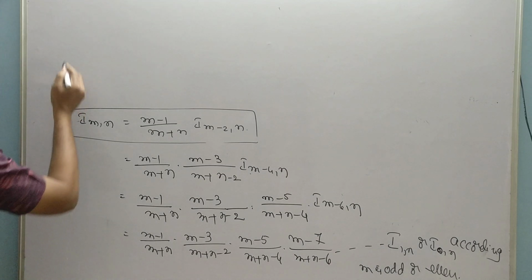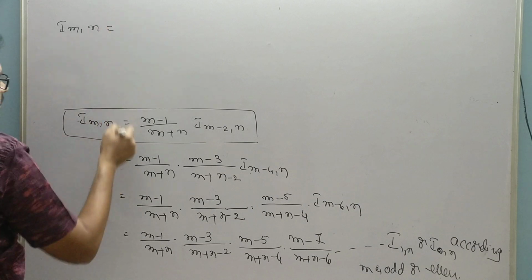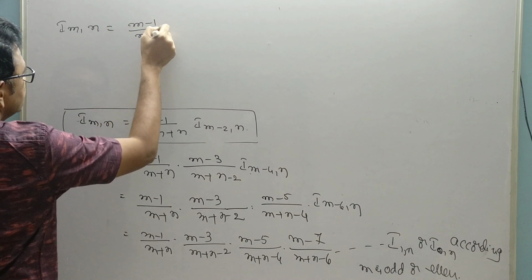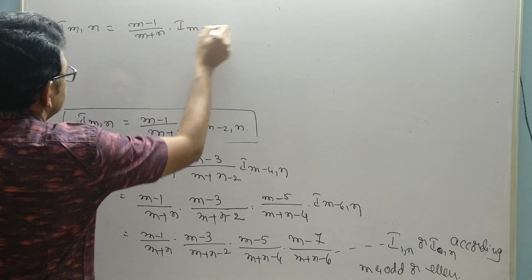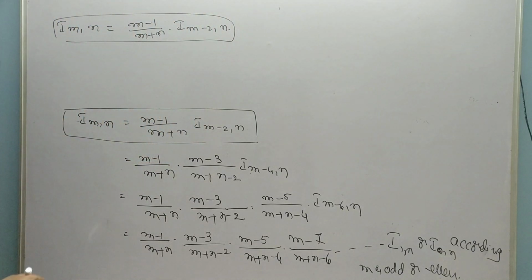So again I write once here, therefore I(m, n) is equal to (m−1)/(m+n) into I(m−2, n). So this is I(m, n).